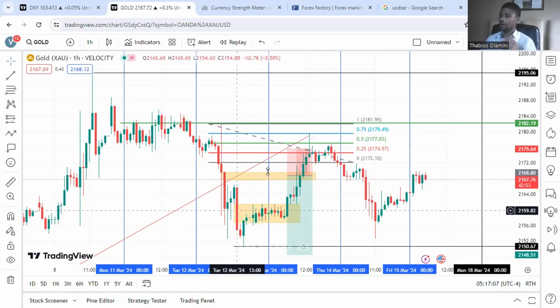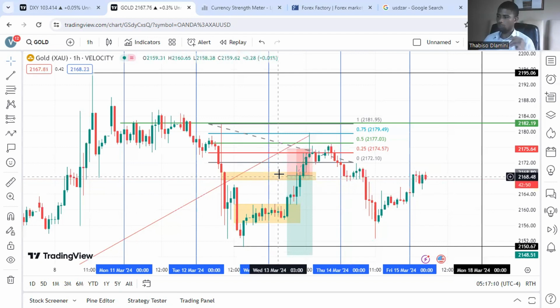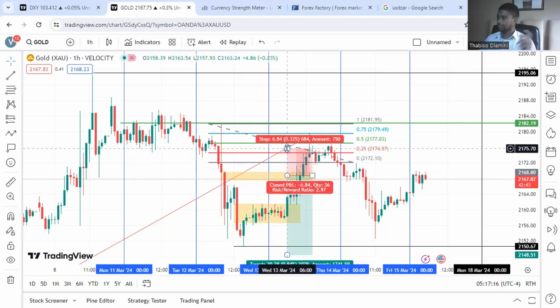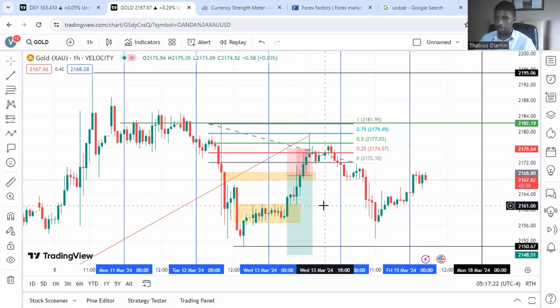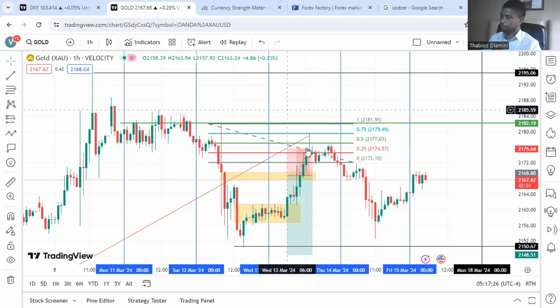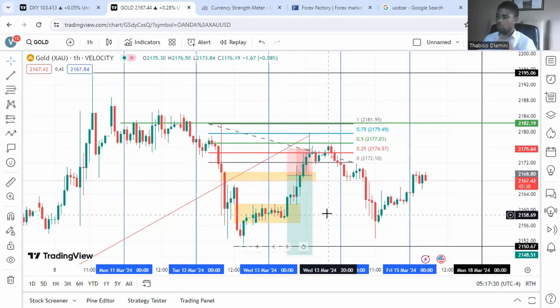From our low risk entry, say entry at 21.68, the exit would have been at 21.75. Looking at it now, if we had entered at that price point, we would have been stopped out by this wick. The wick would have done the damage and we would have been part of the victims of that wick.